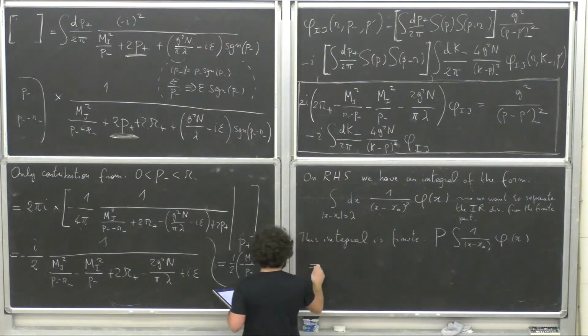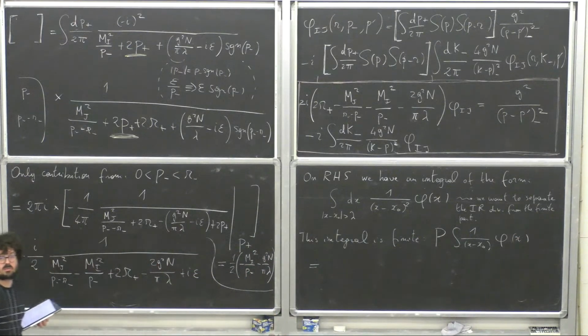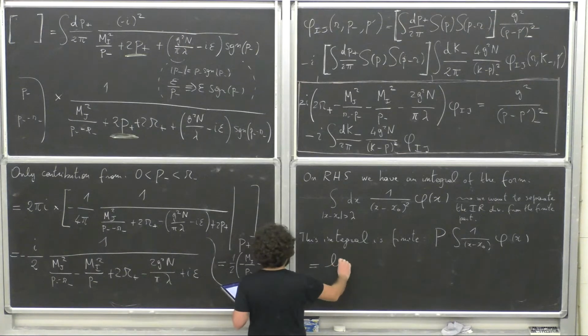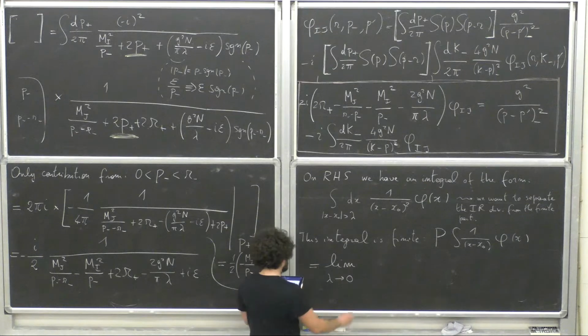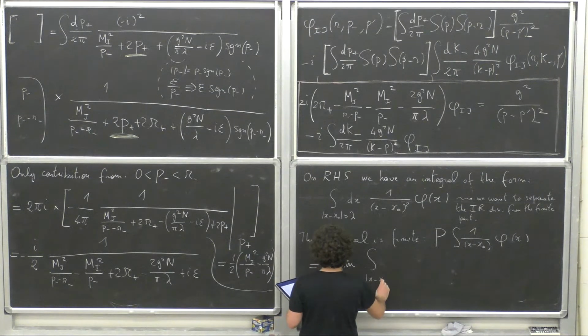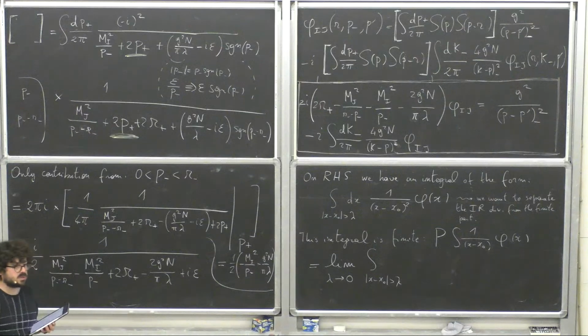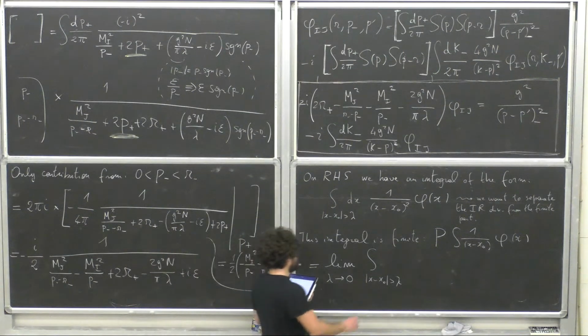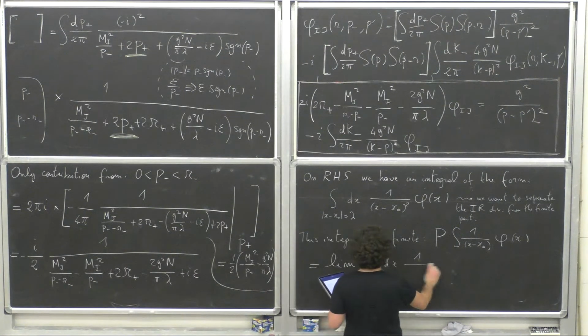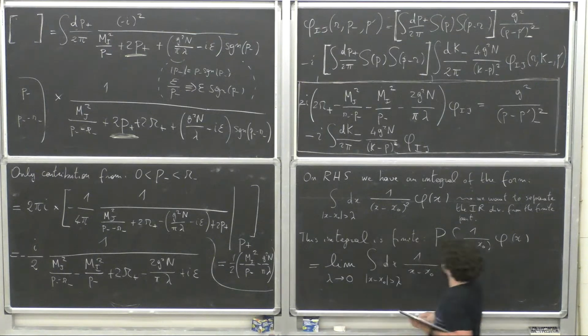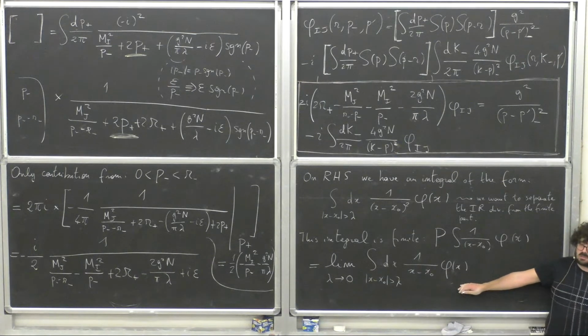And we can also rewrite this formally using our IR cutoff. How do we write it? We write it as the limit of this IR cutoff going to 0 of the integral in which we carve out some small interval of 1 over x minus x naught times our function. So what's the magic why this kind of integral is just finite by itself?